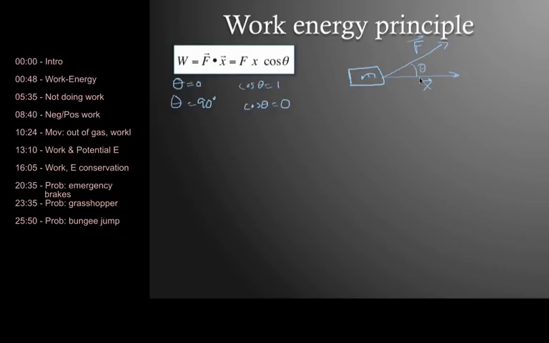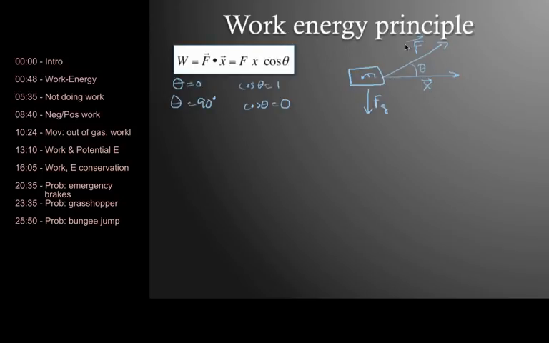So if the angle between the force and the displacement is 0, then the work is just going to be the magnitude of F times x. If the force is perpendicular to x, like maybe the gravitational force might be on this object, then it's not going to be doing any work on the object because the force and the displacement are at right angles to each other. So then the dot product of those two would be 0.